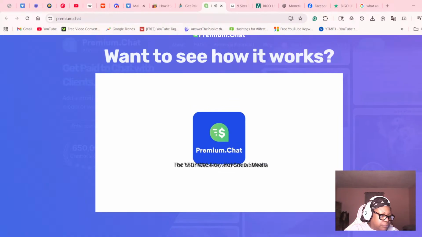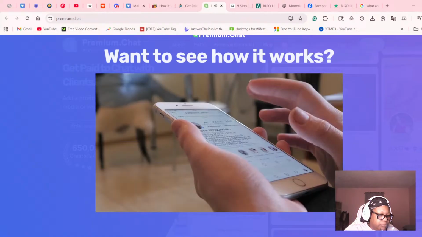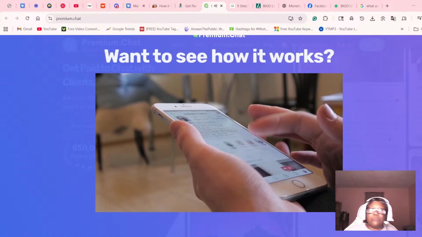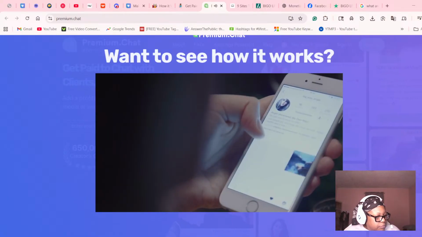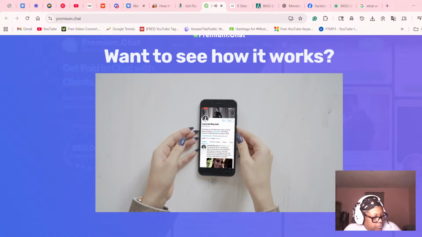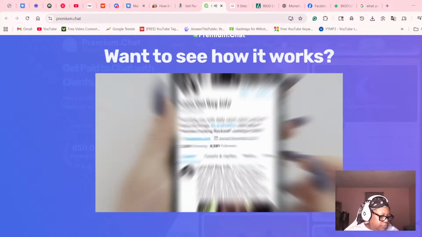Introducing Premium.chat, the ultimate new revenue stream for your website and social media. Your time is valuable. You may have an expertise in certain subject areas or insights to share with others. You might even have fans or followers who already want to privately message you just to chat. Guess what? Now you can get paid for it.